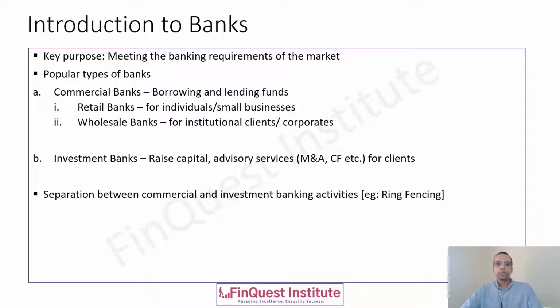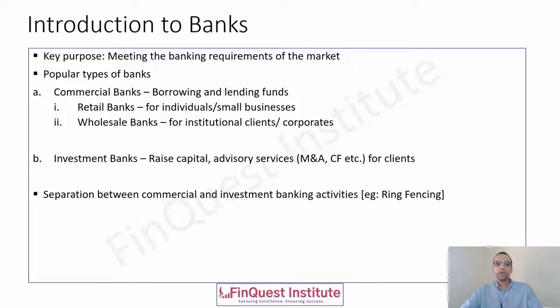As we know, the core business of a bank is to borrow money from customers and lend it to businesses or entrepreneurs who require it for various industrial, entrepreneurial or business activities. And in this, the bank is going to earn a margin. That is what we call net interest income.